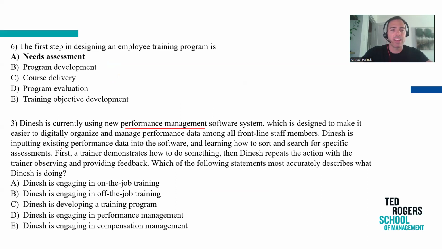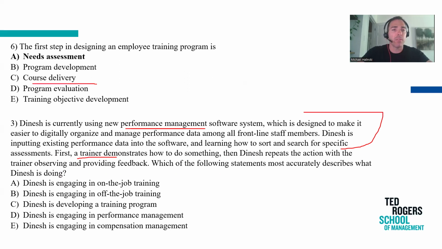Dinesh is inputting existing performance data into the software and learning how to sort and search for specific assessments. A trainer. Okay, fine. I was like, am I talking about performance management? I thought it was training. First, a trainer demonstrates how to do something, and then Dinesh repeats the action with the trainer observing and provides feedback. Which of the following statements more accurately describes what type of?